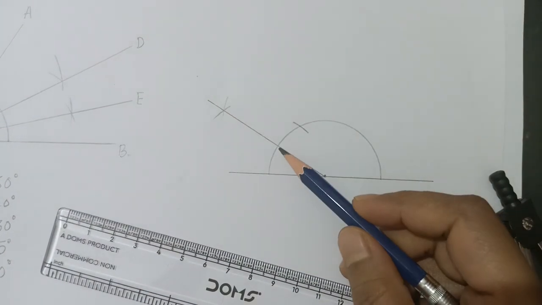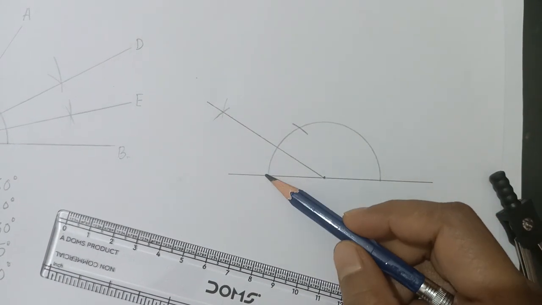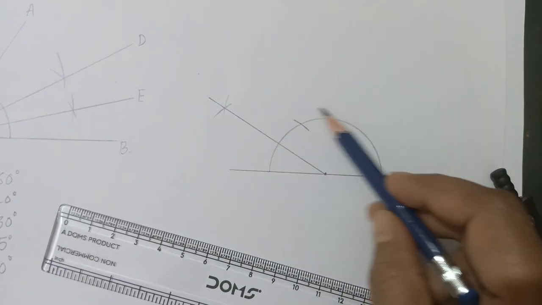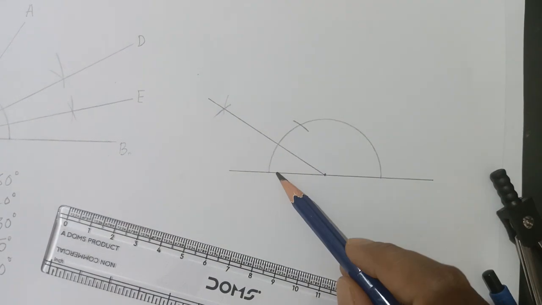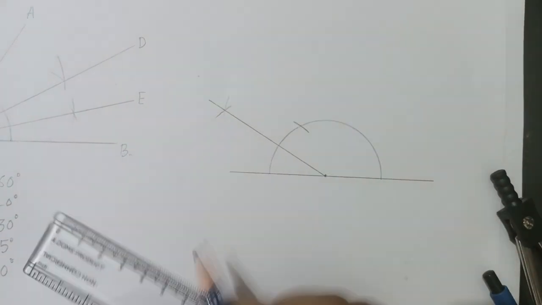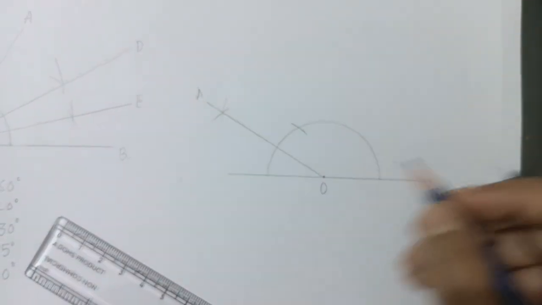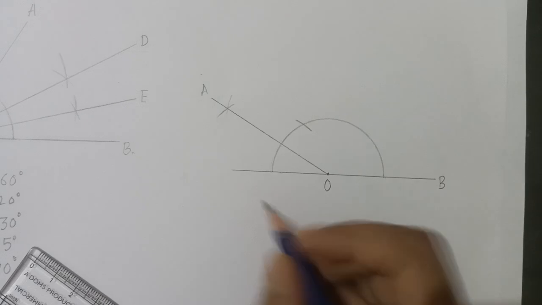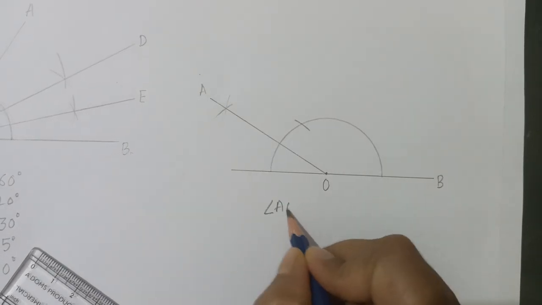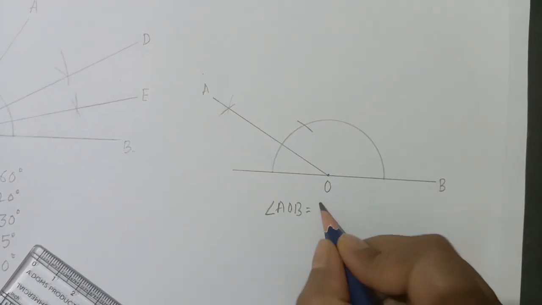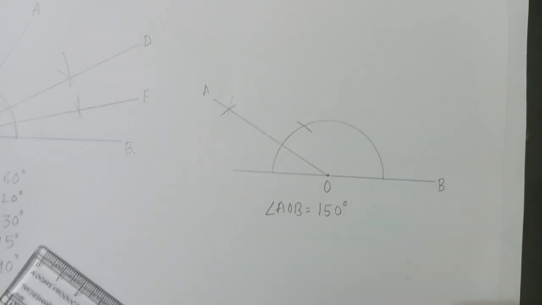So on this side I have drawn 30 degree angle, this much is 30 degree angle. So the remaining one, 180 minus 30, is 150. So give this also a name, it will be OAB. Angle AOB equals 150 degree.